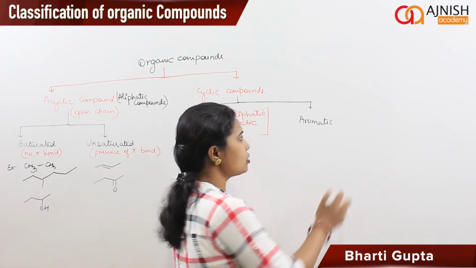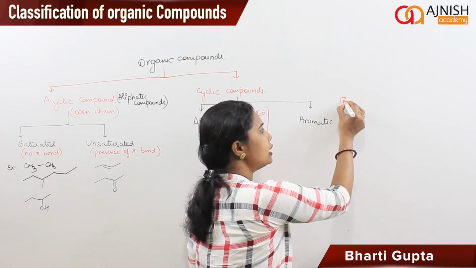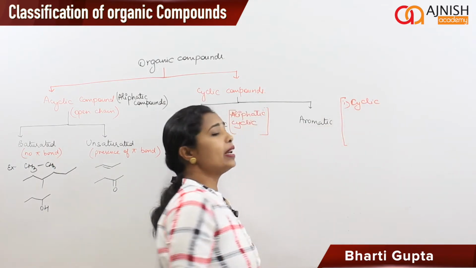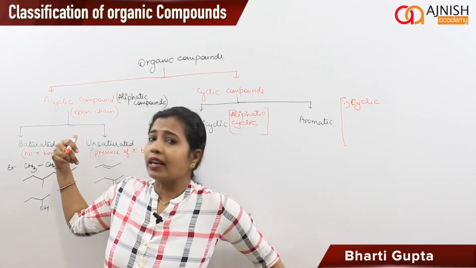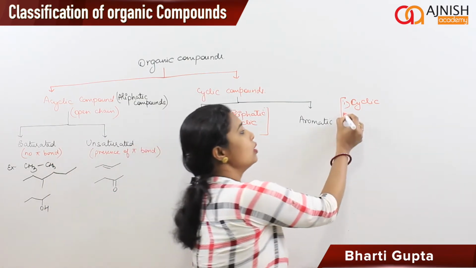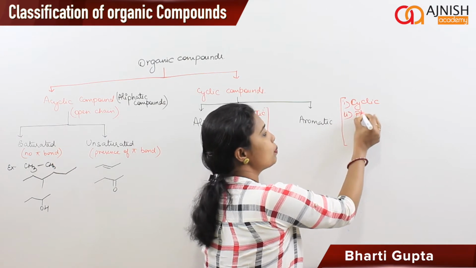So what are those conditions? The first important condition is that it should be cyclic. We can never call an acyclic compound aromatic. It is very important, it should be cyclic. The other important thing is that it is planar.